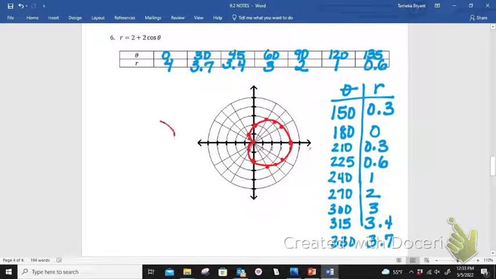So to me, this looks like a heart, because it kind of looks like this, but that's what it should look like.